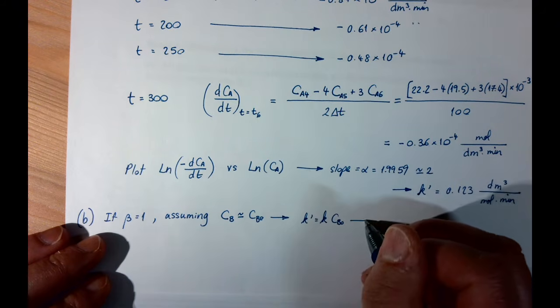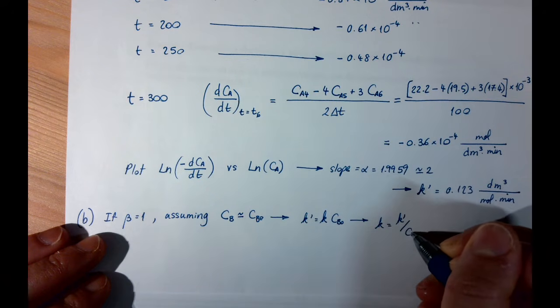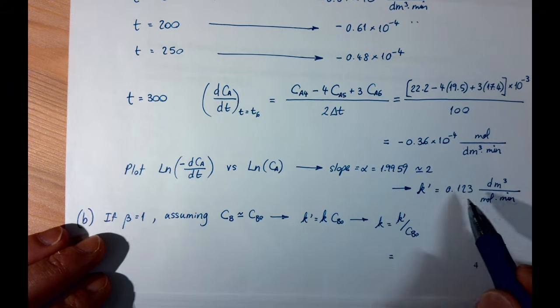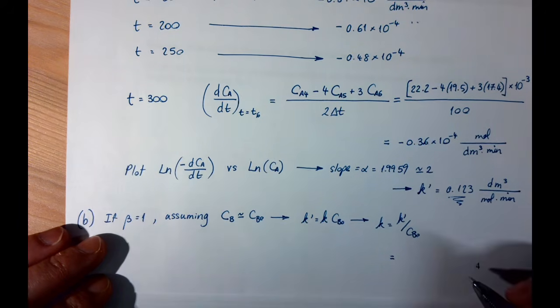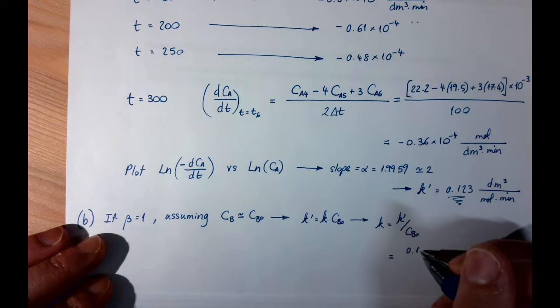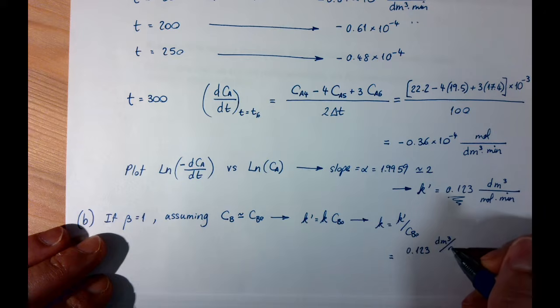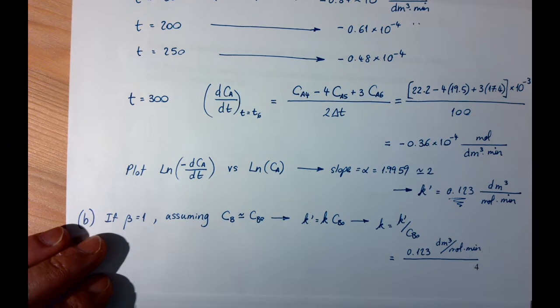And solving for K is K prime divided by CB naught. So we obtained K prime earlier in part A. Let's just go with this one, with how we did with the numerical method, 0.123 cubic decimeters per mole per minute divided by CB naught to the power of beta, which is 1.